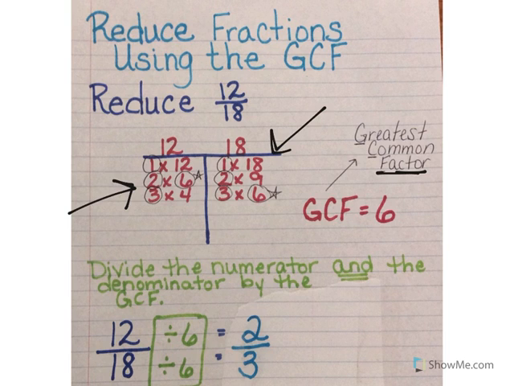In 18, 1 times 18 is 18, 2 times 9 is 18, and 3 times 6 is 18. Remember, if you're trying to figure out if a number can go into what you're dividing, for instance, if 12 is divisible by a number, think of your divisibility rules.